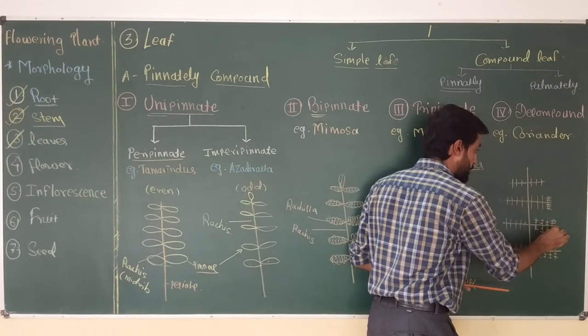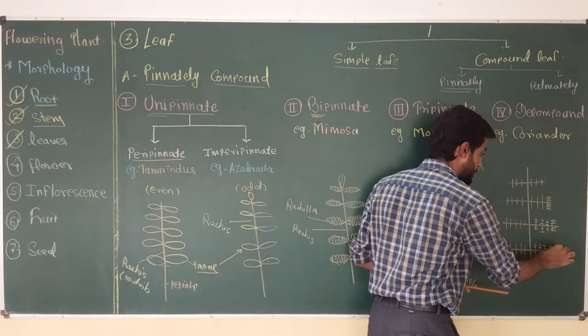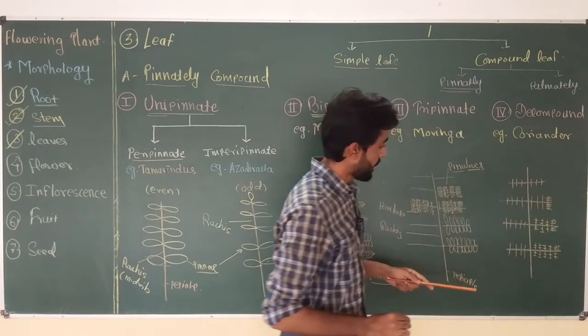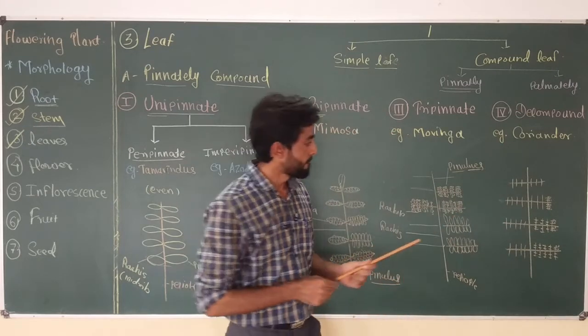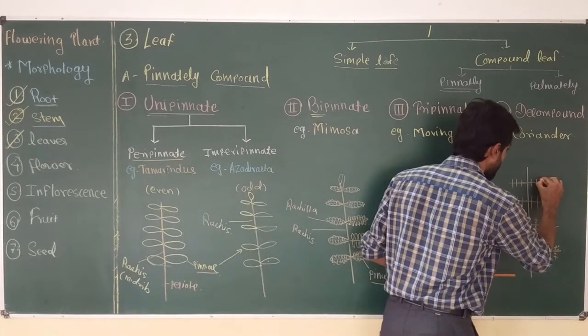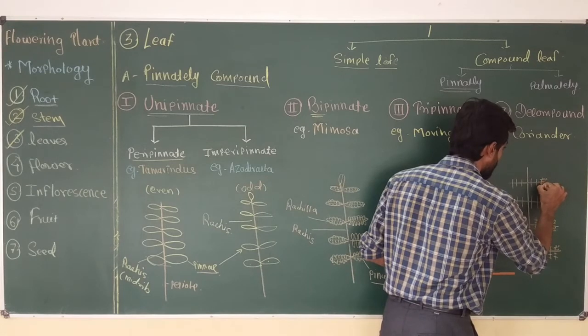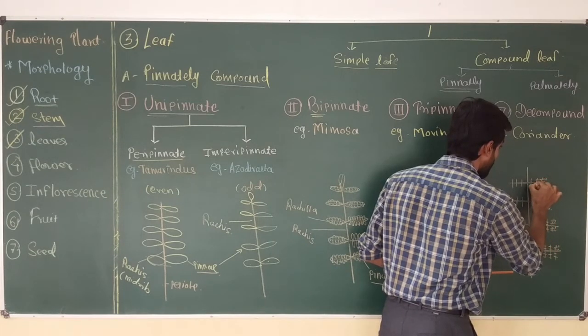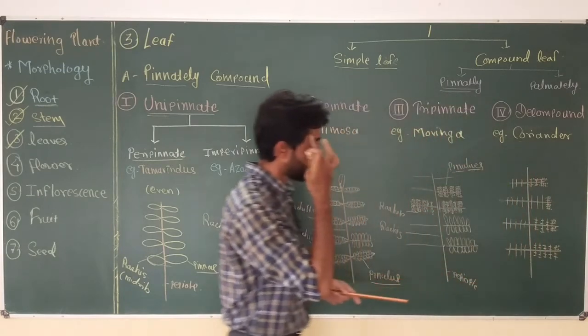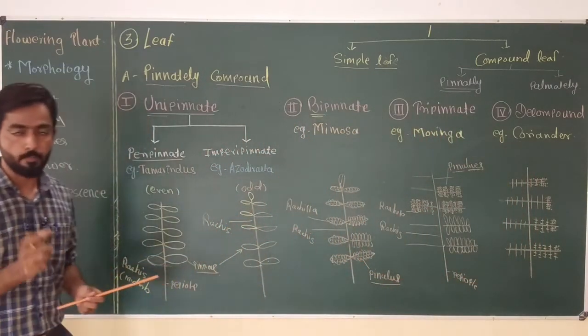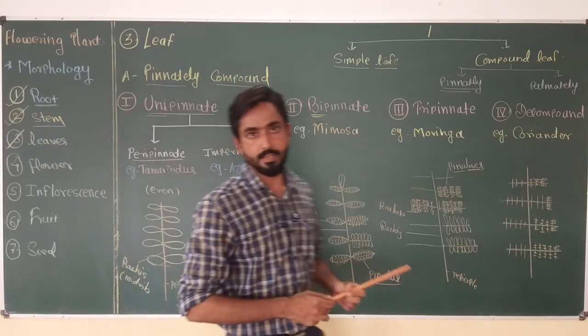So this is a very complex leaf structure, mainly observed in plants like coriander or radish. Okay. So all these are the four important types of pinnately compound leaf.